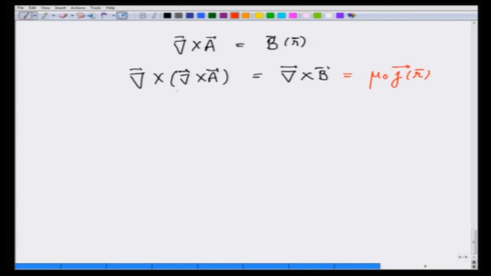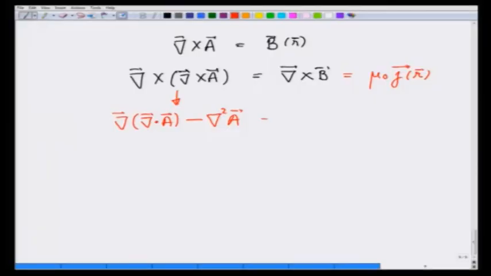And the left hand side, I know from vector identity is nothing but gradient of divergence of A minus Laplacian of vector A. By taking Laplacian of vector A, one means that you are taking Laplacian of each component of A, and this is equal to mu naught J(r).